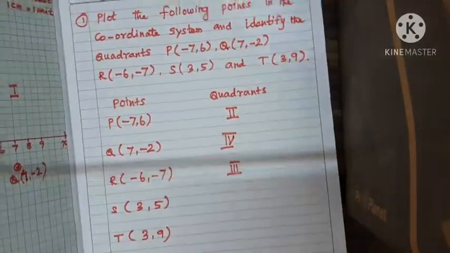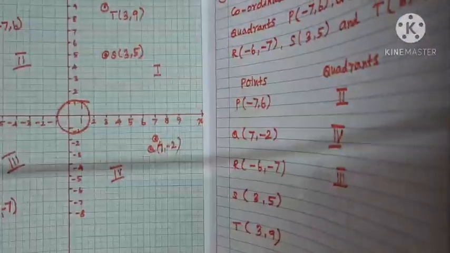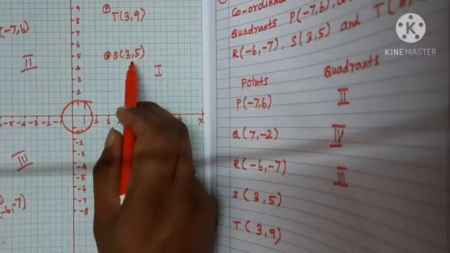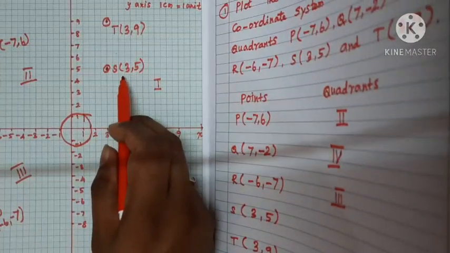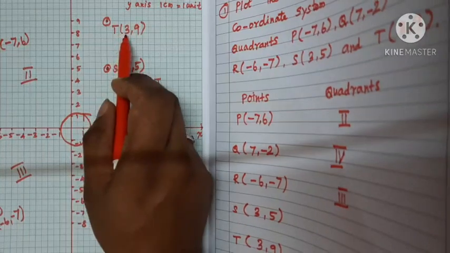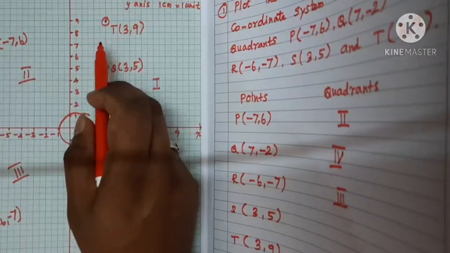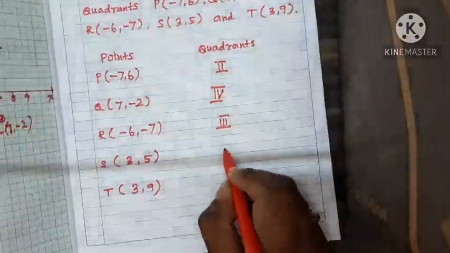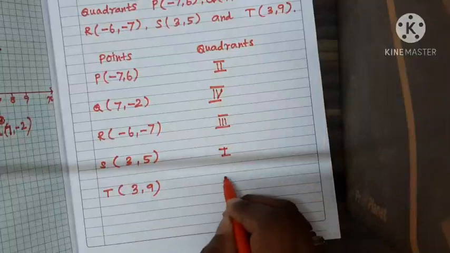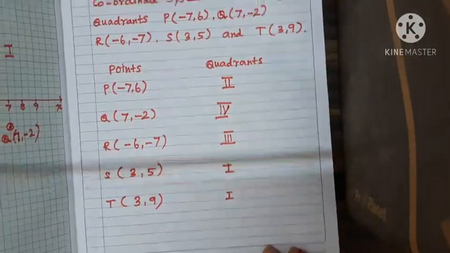And then S is 3, 5, which is plotted in the first quadrant because both are positive. And T also has both positive. So both S and T points are plotted in the first quadrant. You have to write S is plotted in the first quadrant and T is also plotted in the first quadrant.